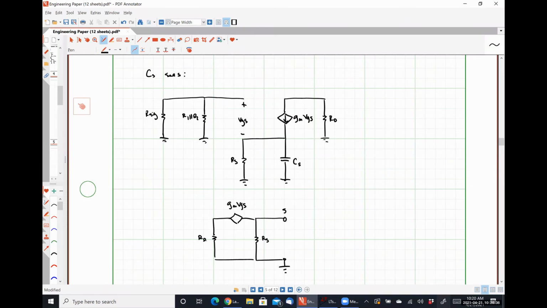My current is flowing from the resistor RD towards my source, so it should have this direction.